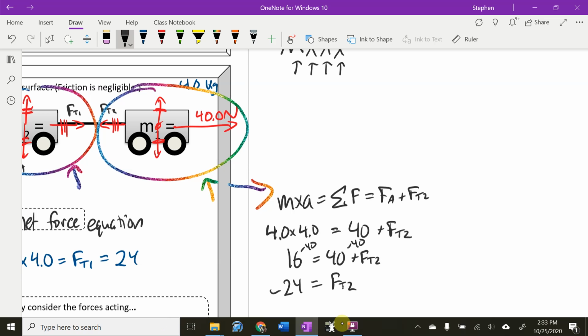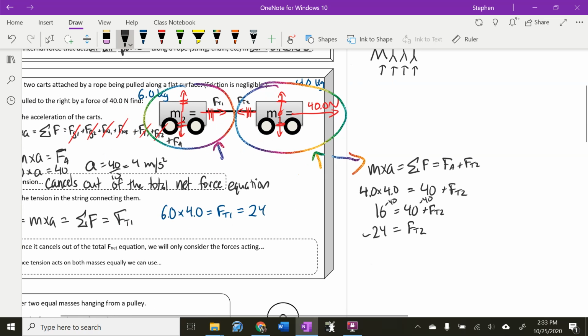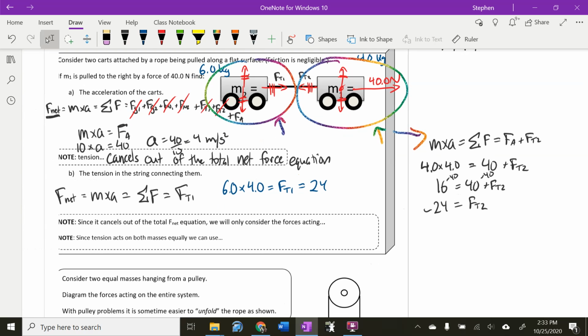If FT1, we're calling that a positive 24 because it's to the right, then FT2 should be negative 24, and so we've proven our idea as being correct. So, a couple of important things to note. Since it cancels out of the total F-net equation, we will only consider forces acting on one mass.